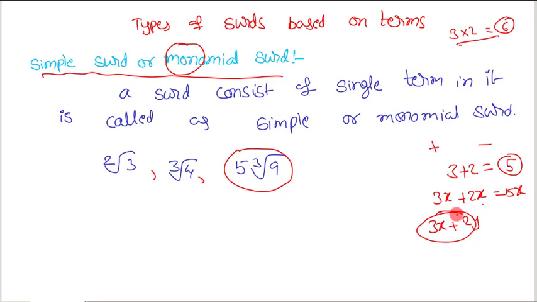So when two like terms are joined with a positive sign, add them, and that sum is treated as only one term. But unlike terms joined by addition are treated as two terms. Here there is no addition sign, so this is only one term. That's why it is an example of a simple surd.